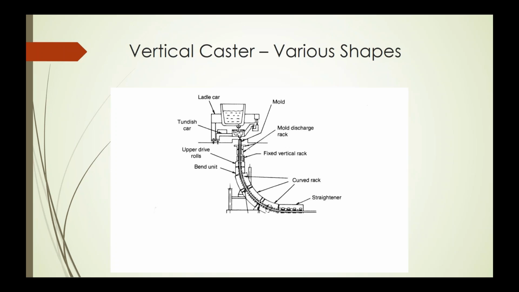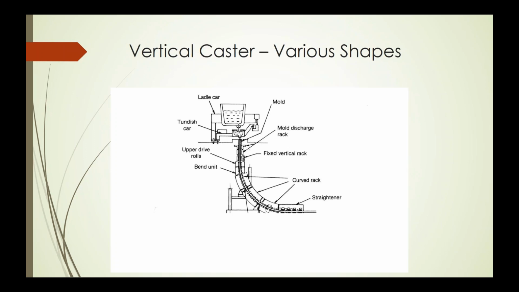casting vertically down. The mold is at the top and it's water cooled. You have extraction rolls or drive rolls. And in this particular scheme, you are casting at a fairly high rate, or can.